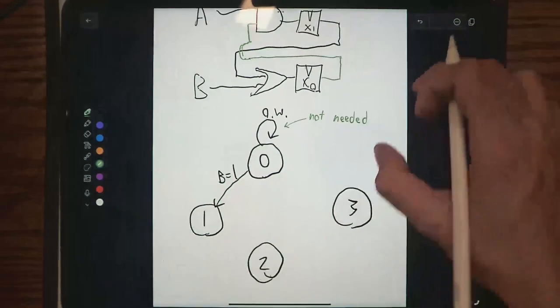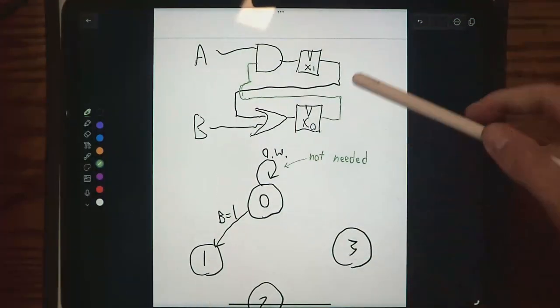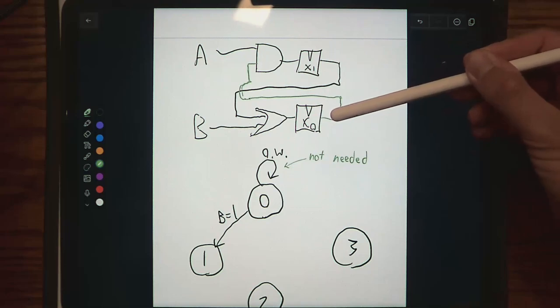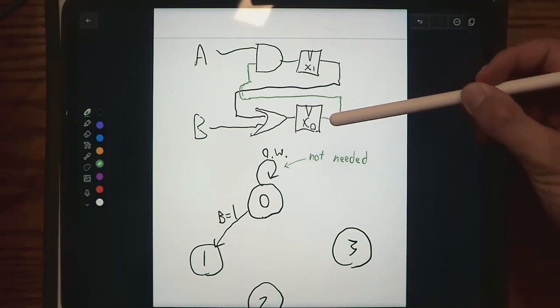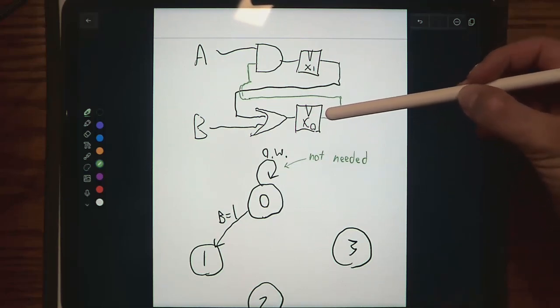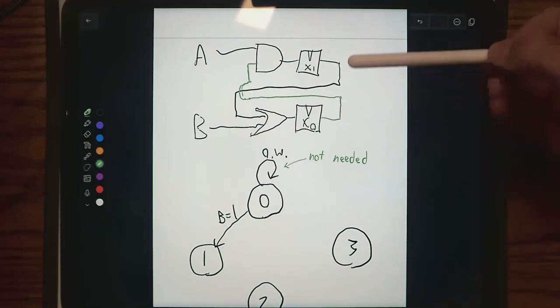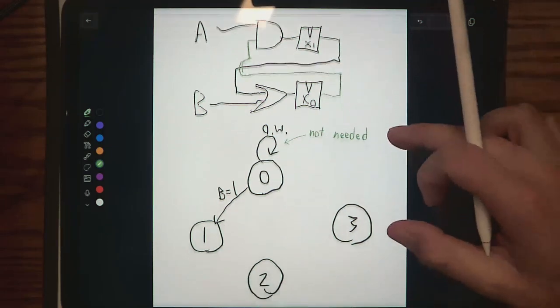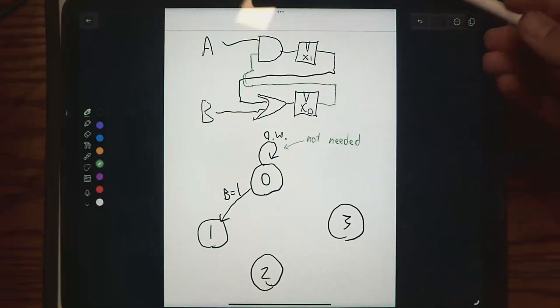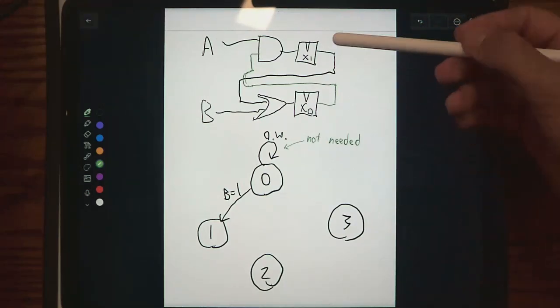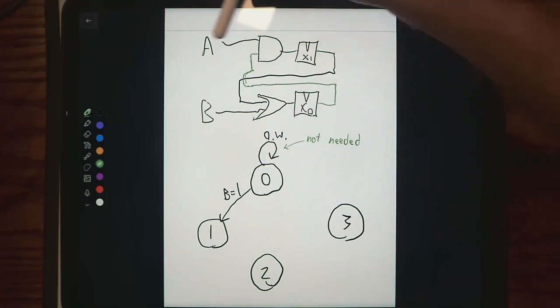Okay, cool. Now, if we are in state 1, so we are now storing a 0 and a 1 here, what is the new input that we care about that will cause us to change state? What happens if A is 0?